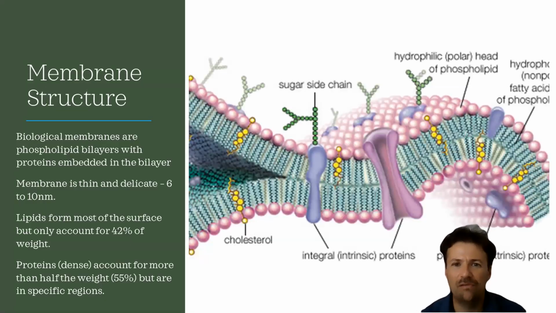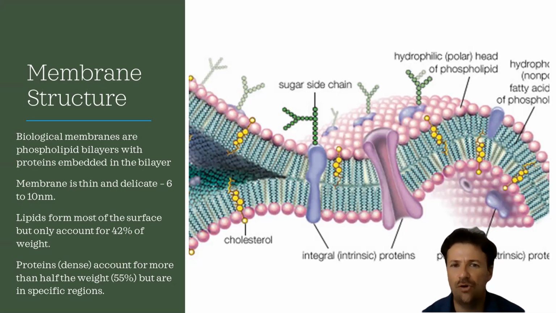Now, I'm sure many of you are familiar with this structure. The cell membrane is a phospholipid bilayer. It primarily consists of phospholipids. These are molecules that have a phosphate head and a two-tailed lipid tail. When they're placed in solution, they aggregate into a bilayer, which gives the underlying architecture for our cell membrane.